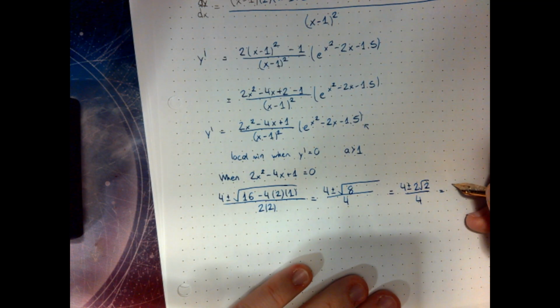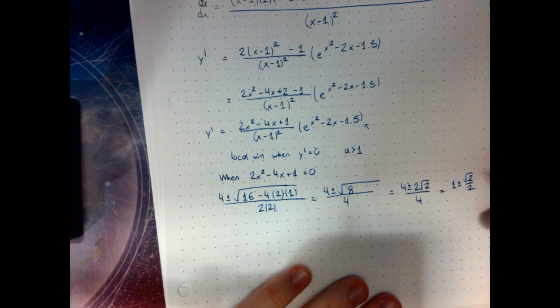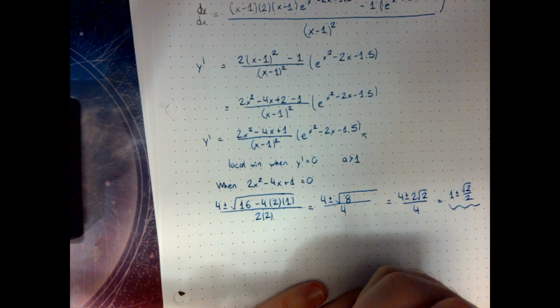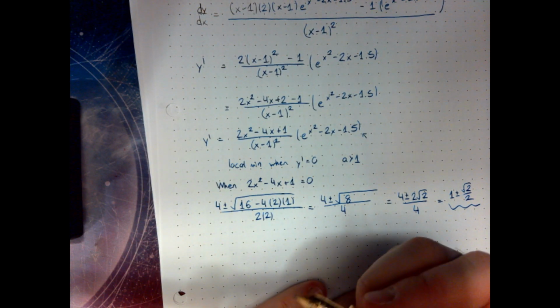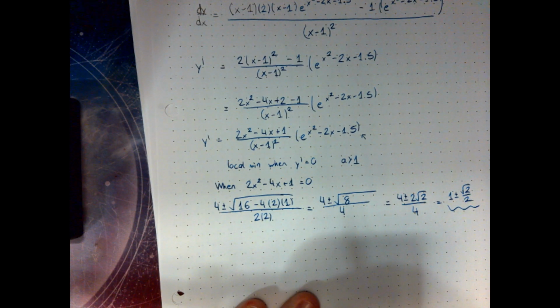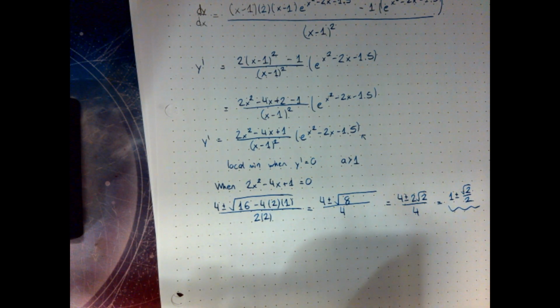So this becomes 1 plus or minus, oh my gosh, root 2 over 2. Don't know why it took me so long to think of that. But I've got my two solutions here, so our minimum occurs for those two values.